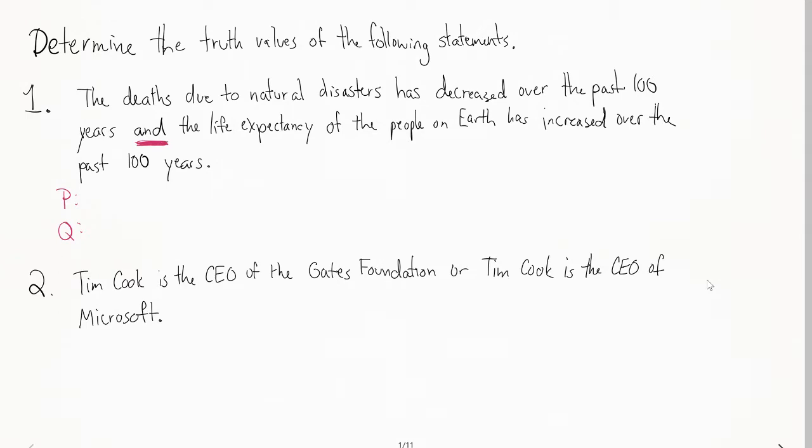So the P statement, we can consider that to be this first part, and I'll put it in quotes right there: "The deaths due to natural disasters has decreased over the past 100 years."